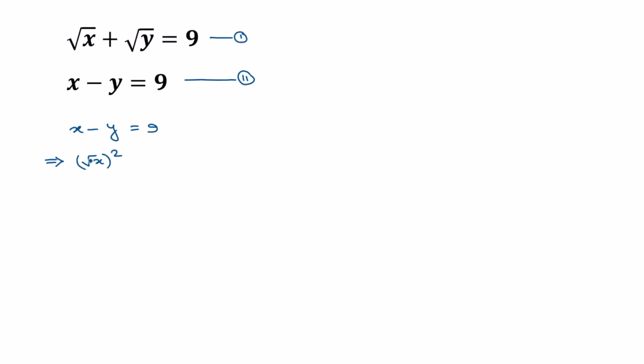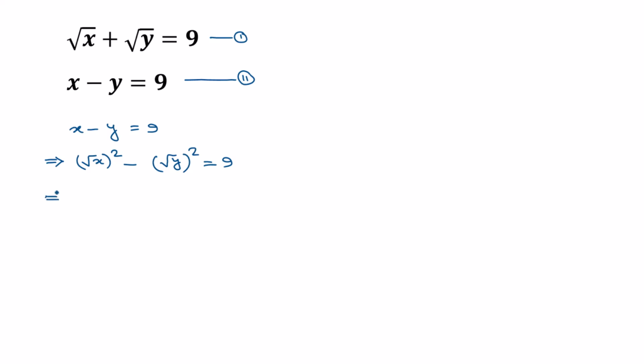The square root and square will cancel and it will remain x, and the negative of y will be square root of y whole square. Similarly, this will be y, and the right side is 9.